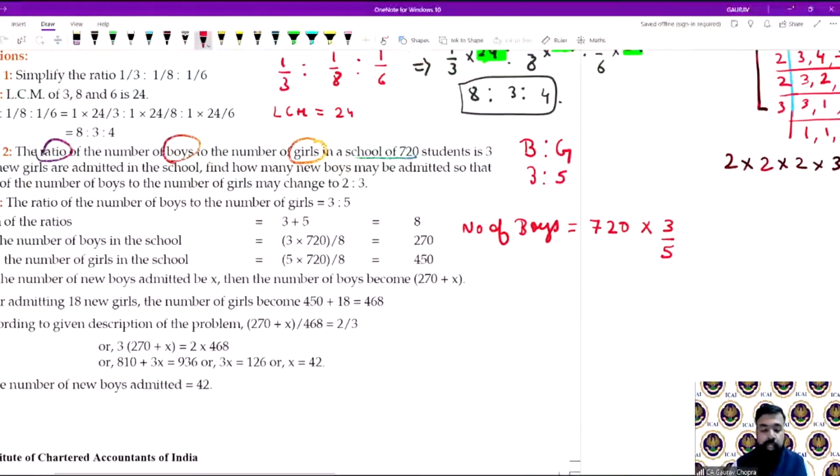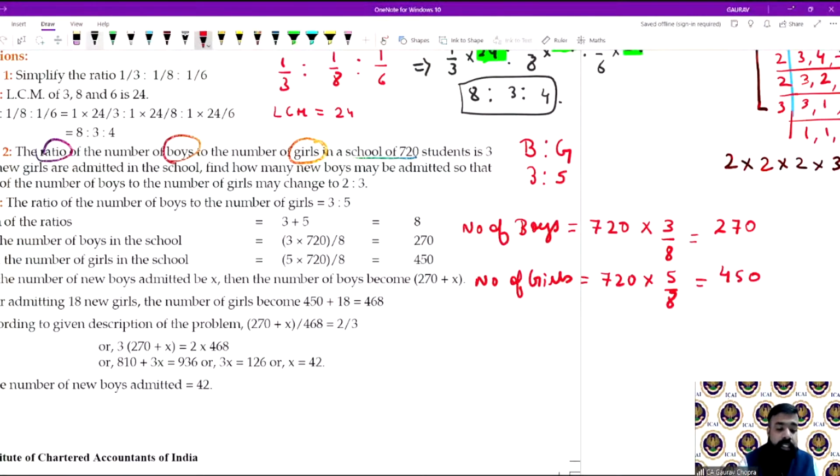So 720 into 3 by 8, how much are we getting? 270 boys. Similarly, number of girls. How many girls are there? 720 multiplied by 5 upon 8. So we are having 450 girls. So this is the breakup of number of boys and number of girls.